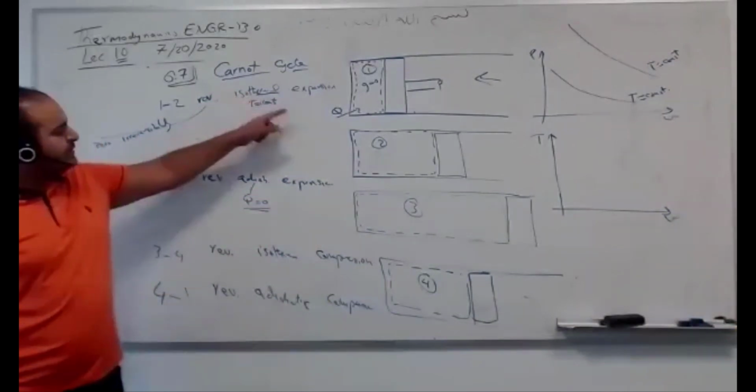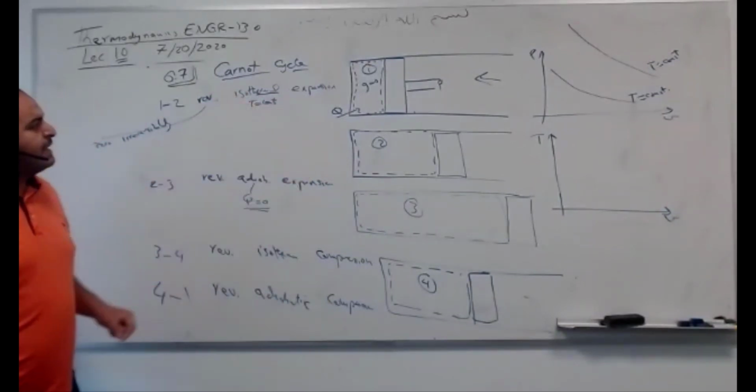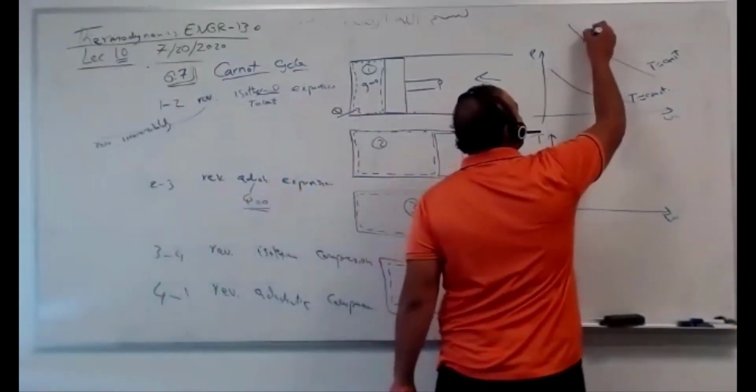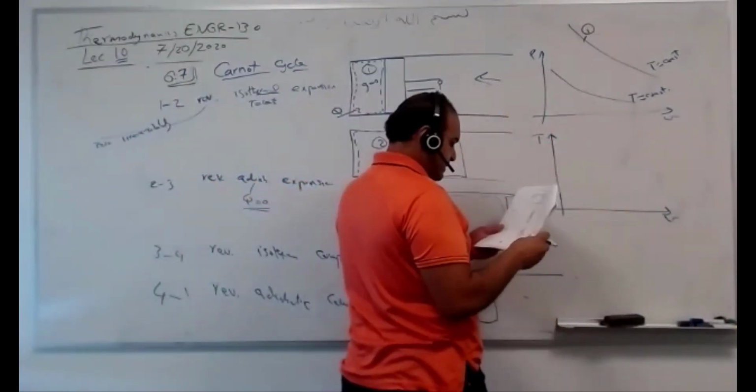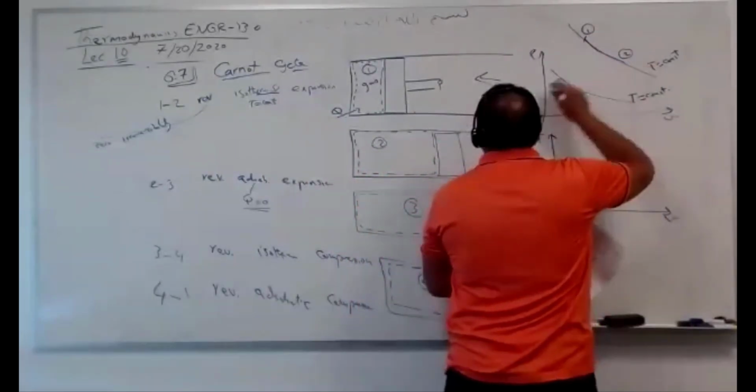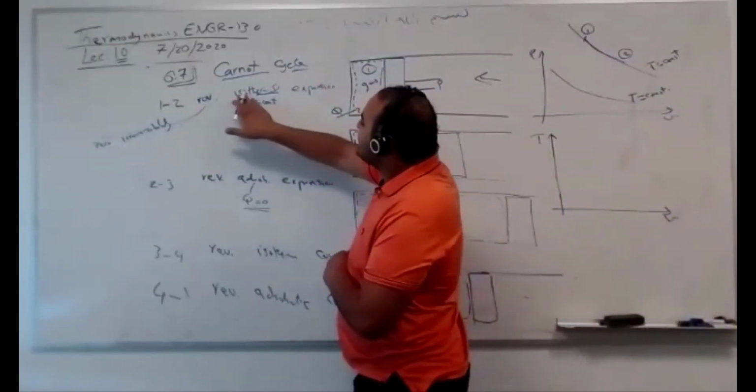We're gonna call T1 and T2, for example, T high. Then we're gonna call the other two T low. So we have here 1. I'm gonna explain that now. 1 to 2, reversible isothermal.